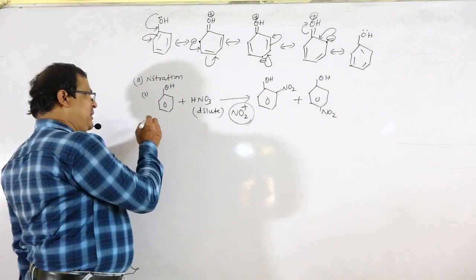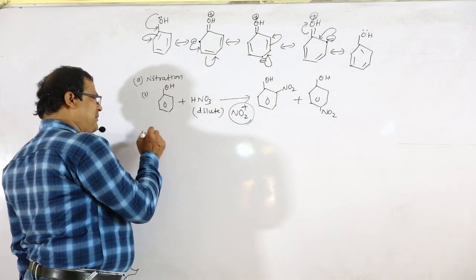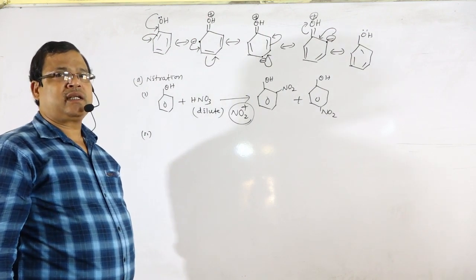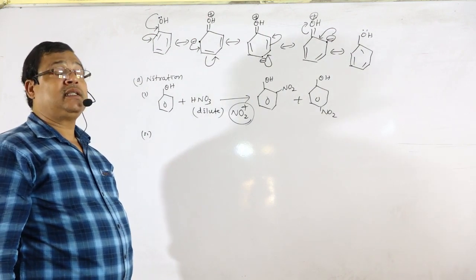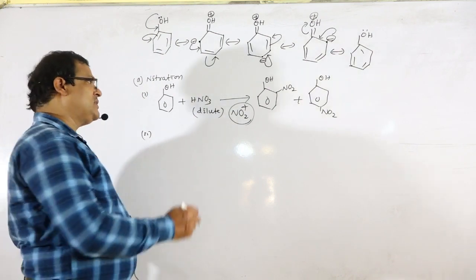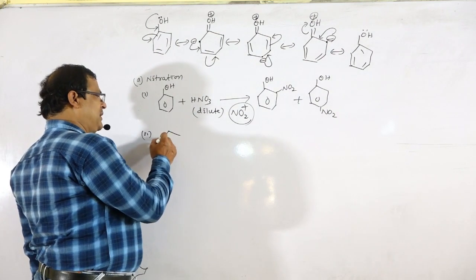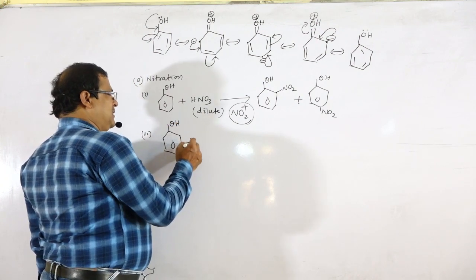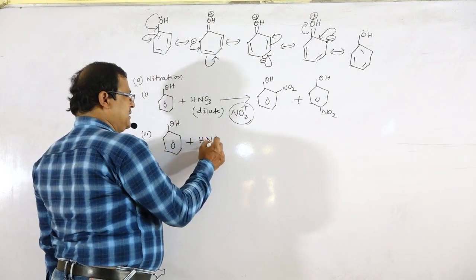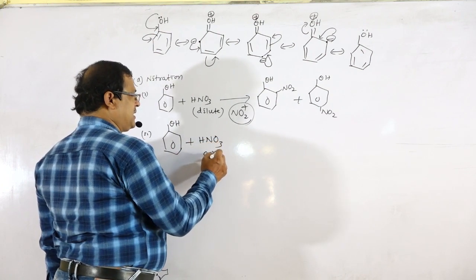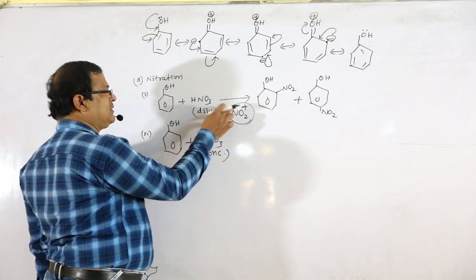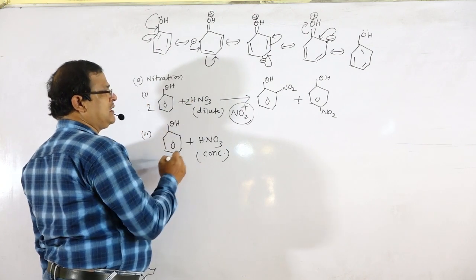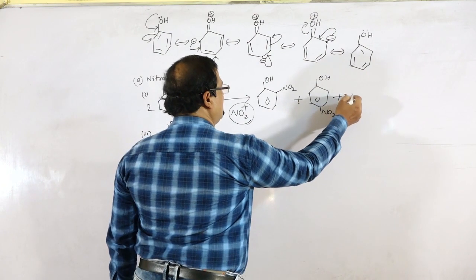In the second case, we can explain the same nitration process, but in the presence of concentrated nitric acid. So phenol is treated with concentrated nitric acid. We have to balance this equation. We have to take 2 molecules of phenol and 2 molecules of nitric acid, so there is the formation of 2 molecules of water.